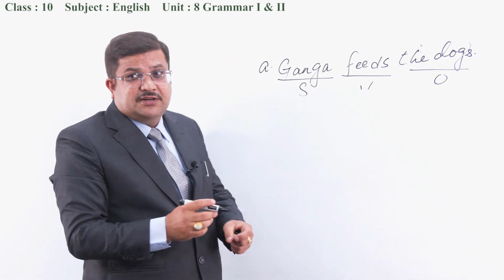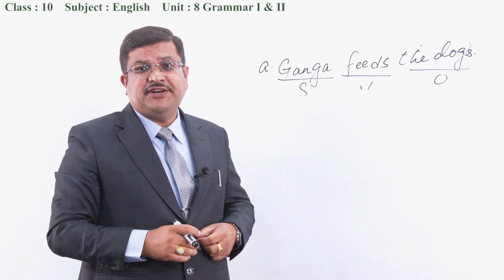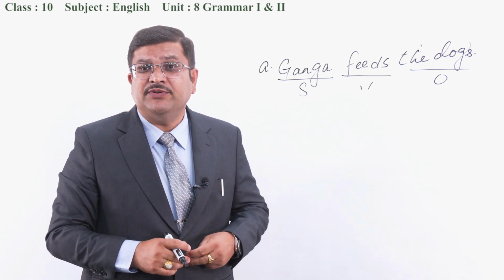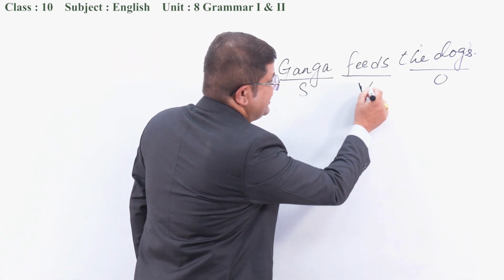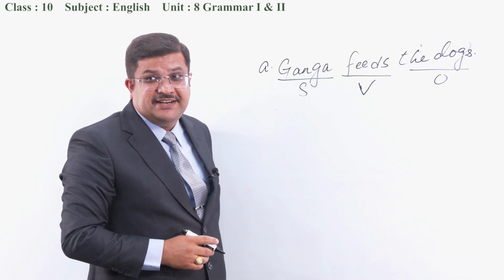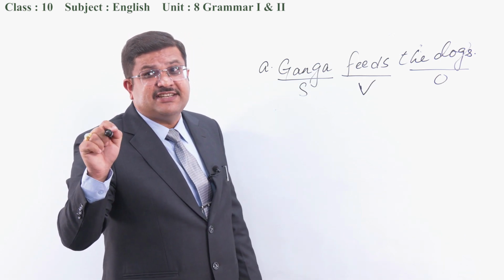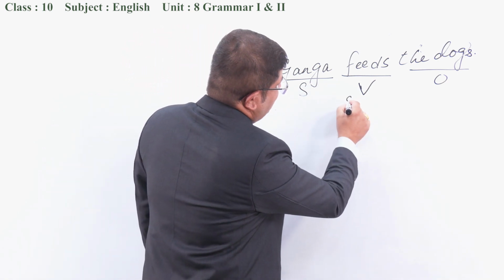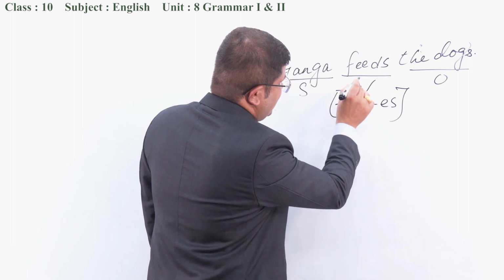Now, before changing active sentences into passive ones, dear students, we must find out the verbs. Where is the verb? Yes, we have already mentioned this is a verb. Feeds. It is in S or ES form.